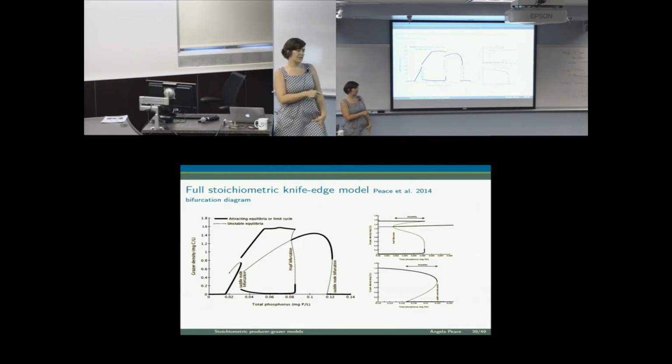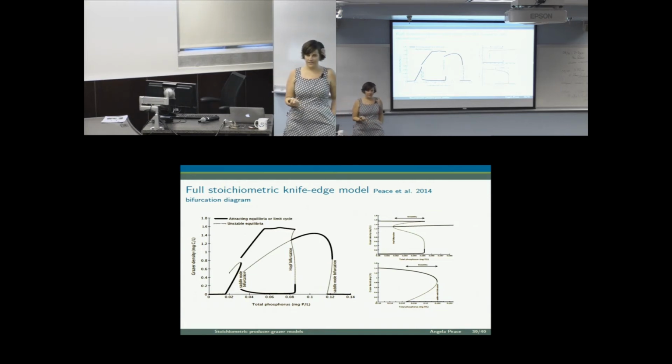As you continue to increase phosphorus, you are able to support grazer density. It'll continue to increase. There'll be a saddle node bifurcation, and then cycling will emerge. You'll have cycling for a while. They eventually collapse near a Hopf bifurcation. Then you'll have a stable equilibrium again, which will eventually start to decline due to the effects of the stoichiometric knife edge, and eventually lead to extinction for very high levels of phosphorus.